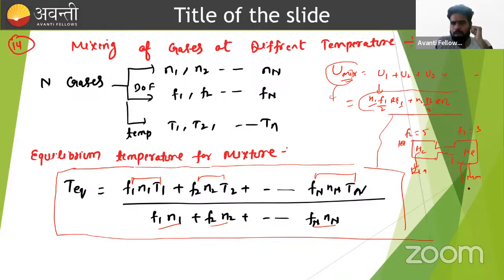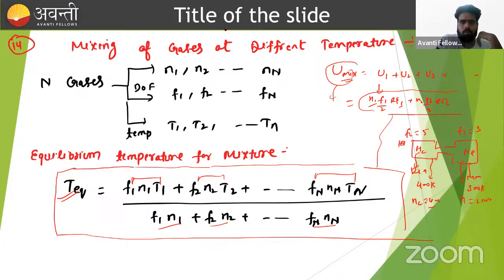Say the initial temperature of helium is 300 Kelvin and hydrogen is 400 Kelvin. The number of moles of helium is 2 and of hydrogen is 4. Then we have to find, if we allow mixing in an adiabatic container, what is the temperature of the mixture? Then we have to use this formula. I hope this gives clarity on which type of question and what the application of this formula is.